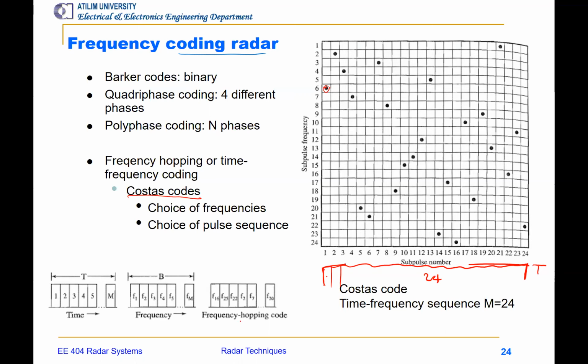This is sometimes called frequency hopping code because at every new sub-pulse, the frequencies change randomly, which makes the system robust to noise and jamming. Of course, it's a difficult, complex system.